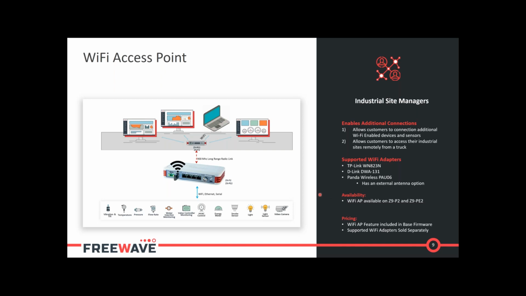Availability, again, is on the P2 and PE2 variants of the Z9, because they're the ones that have the USB port. And pricing, the Wi-Fi adapters are sold separately, but the Wi-Fi access point feature in the Zum firmware is included in the base firmware. So that's the 1.2 release.